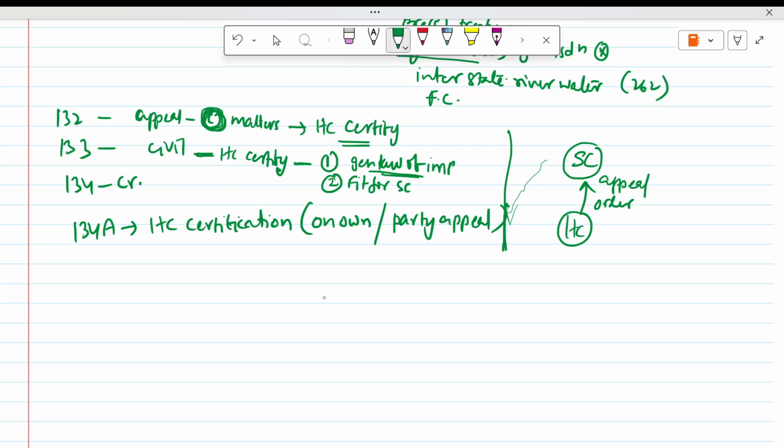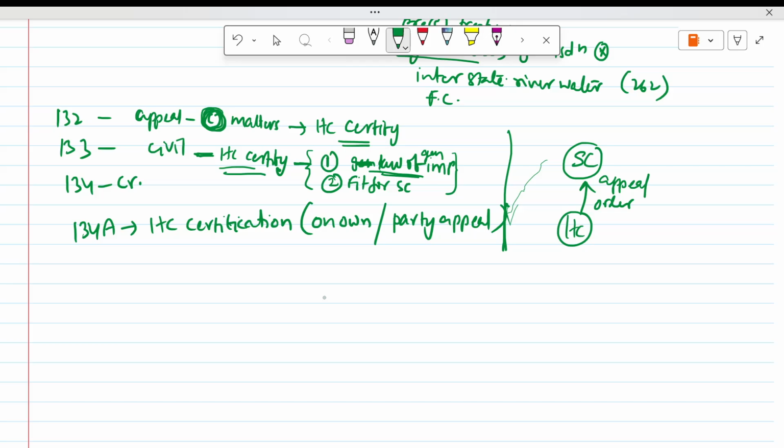If the High Court certifies these two things, that this is a law of general importance and it is fit for the Supreme Court to decide, then for that civil appeal, you can go on appeal. Otherwise, you cannot appeal. So first one, 132, constitutional matters.